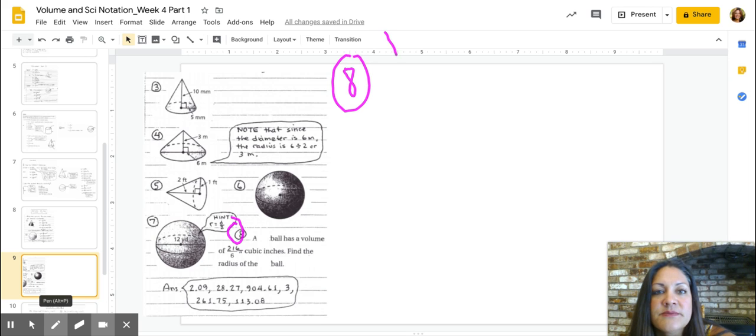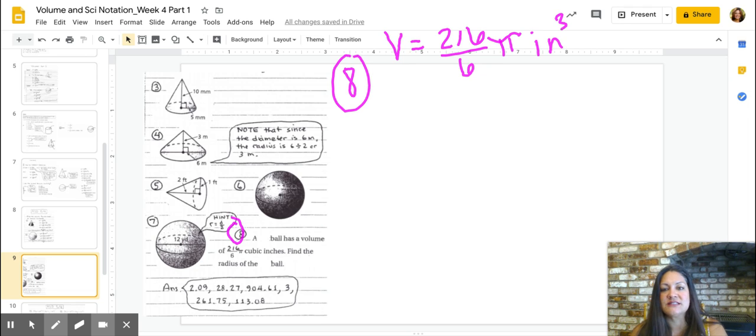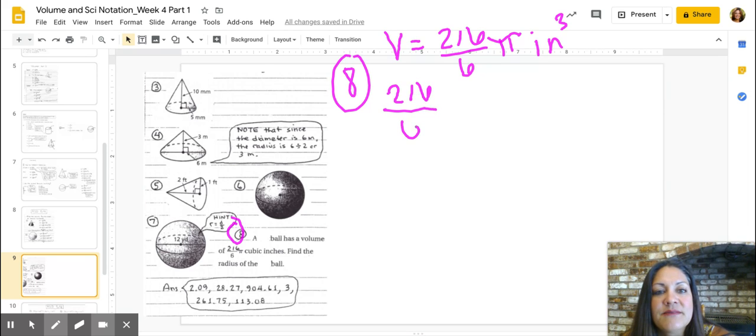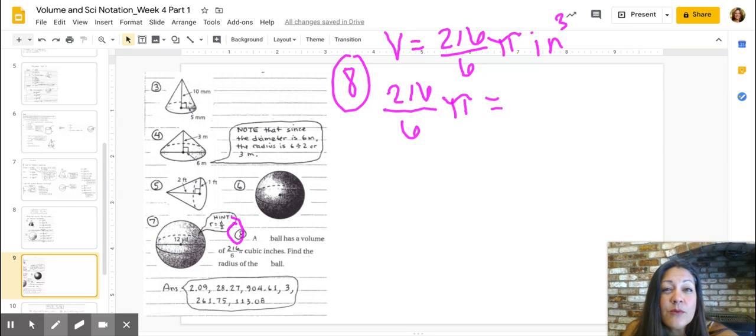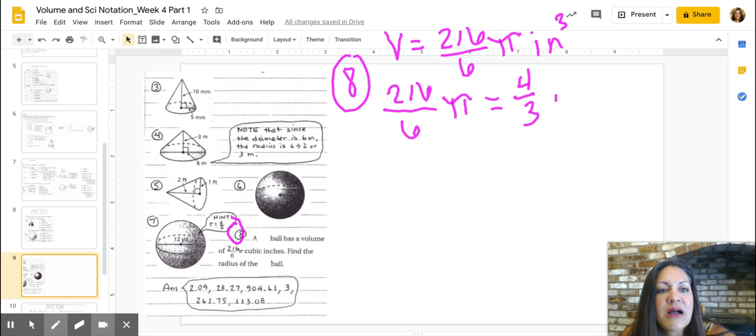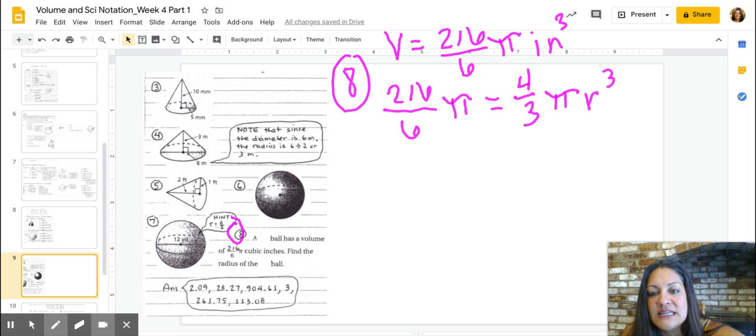Volume equals 216 over 6 pi cubic inches. So I know that that is going to be my volume, 216 divided by 6 times pi. And then I'm going to set that equal to my formula, which is 4/3 pi r cubed.